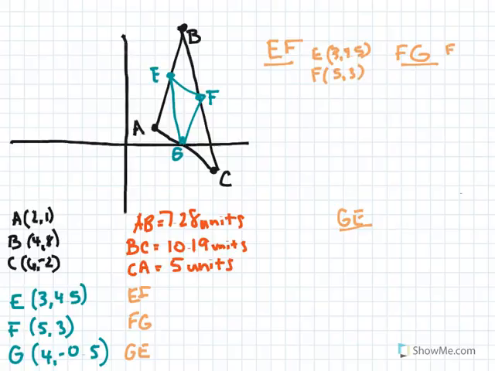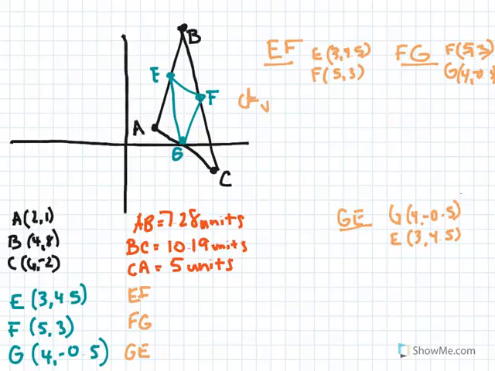Now over here I have F is 5, 3, G is 4, negative 0.5. Okay, I have no room. Okay, and then GE is going to be G, 4, negative 0.5, E is 3, 4.5.